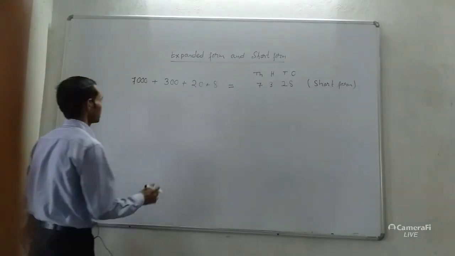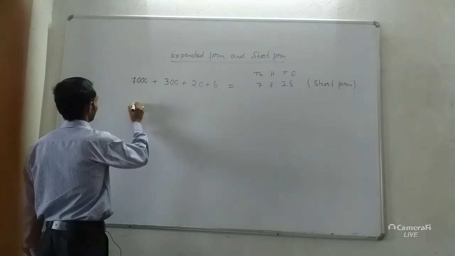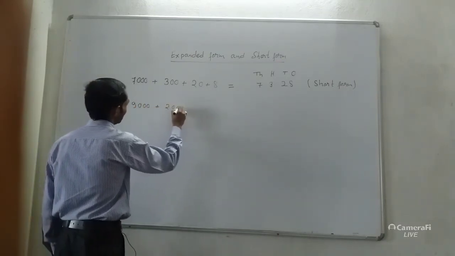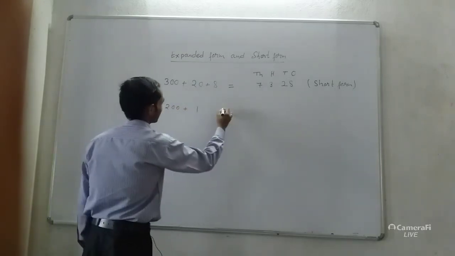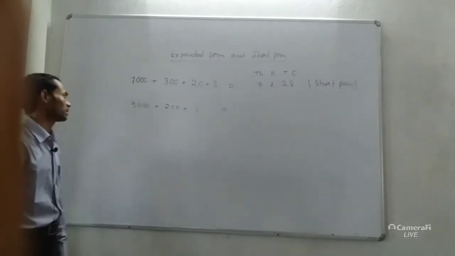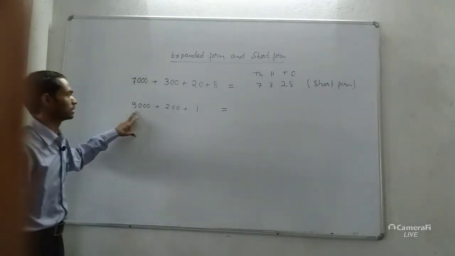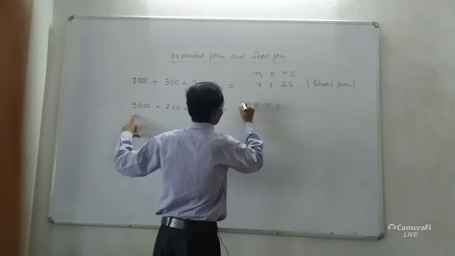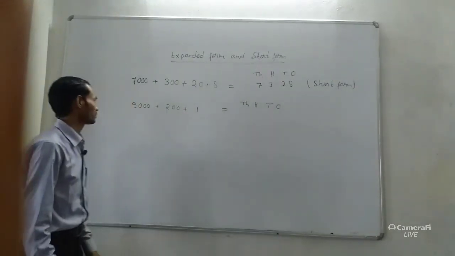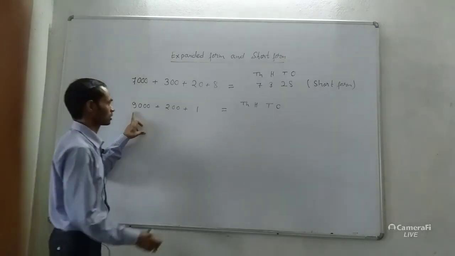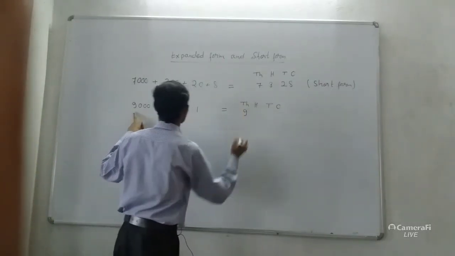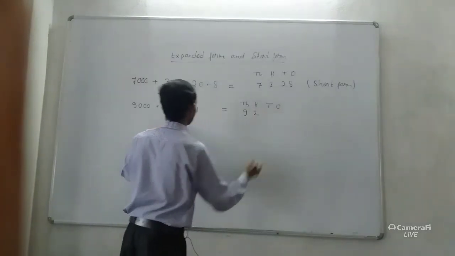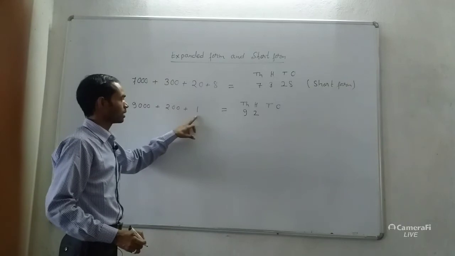Let us take another example. 9000 plus 200 plus 1. Okay. Now check. 9 is at the 1000 place. Make a place value chart: 1, 10, 100, 1000. 9000, so at the 1000 place 9, plus 200, 2 at the 100 place, and just a single 1, that is, ones place 1.